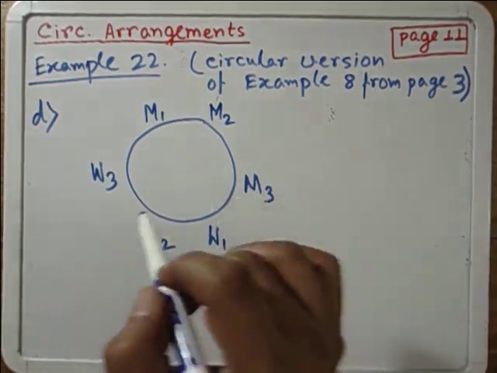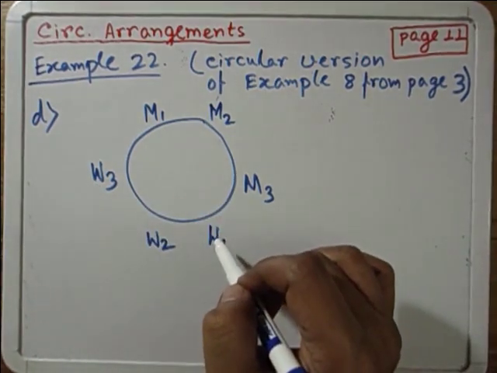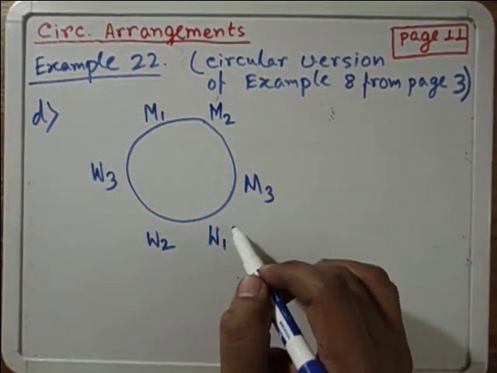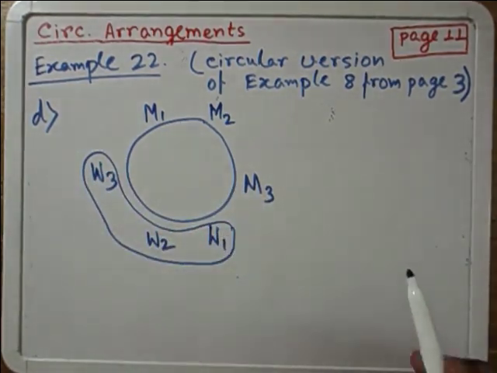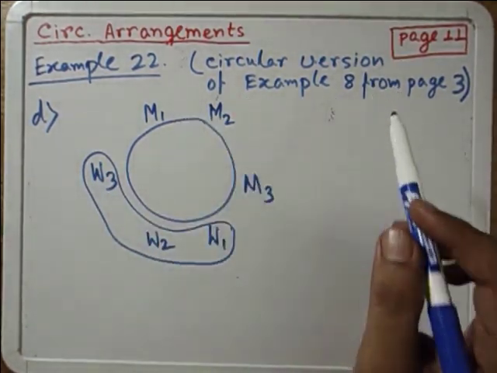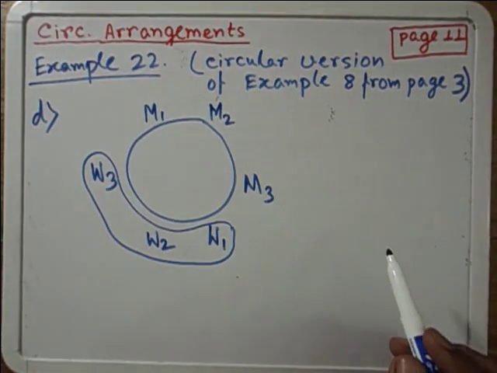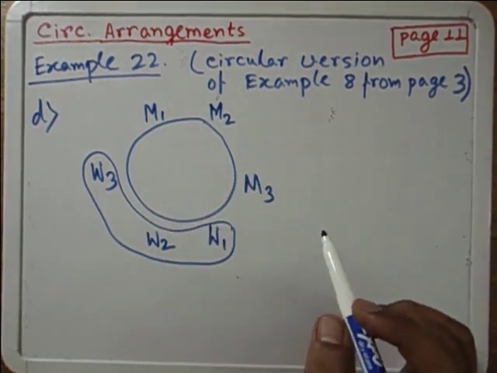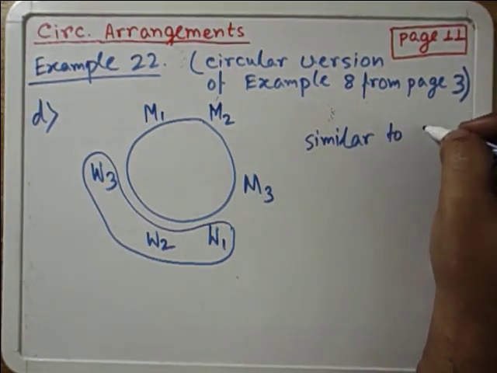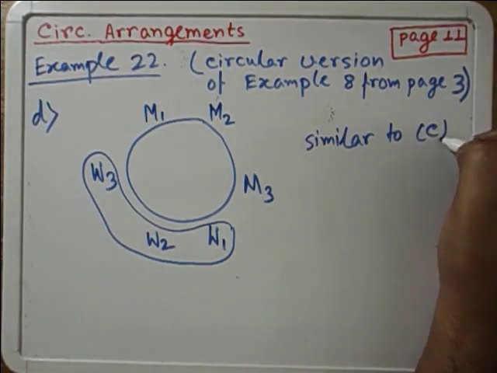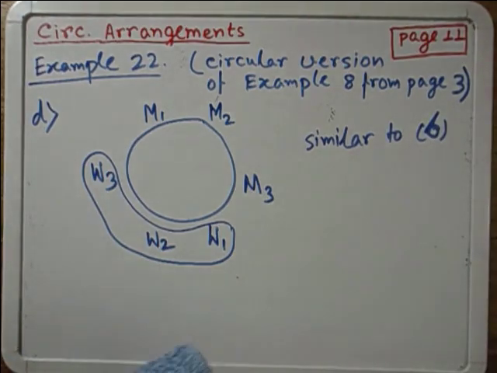So 3 men and 3 women, and all the women have to sit together. We solved something similar in the linear arrangement part. So how to do this? This problem is similar to B.